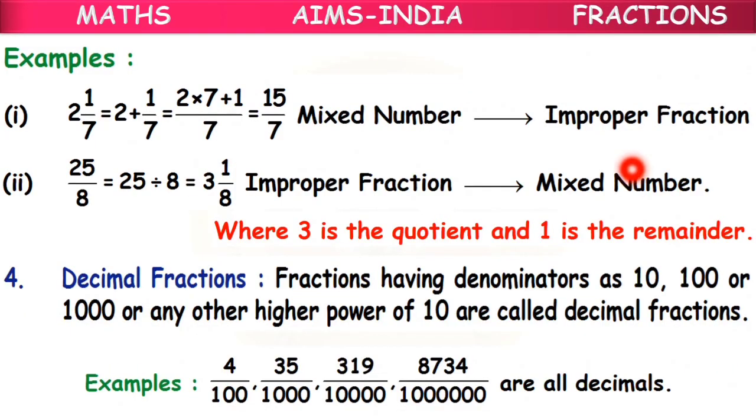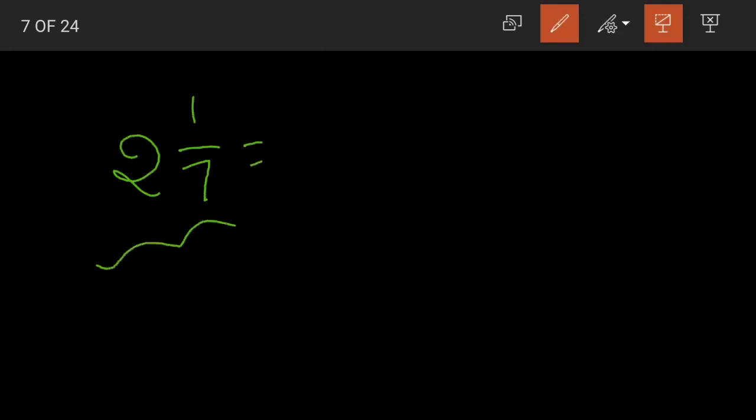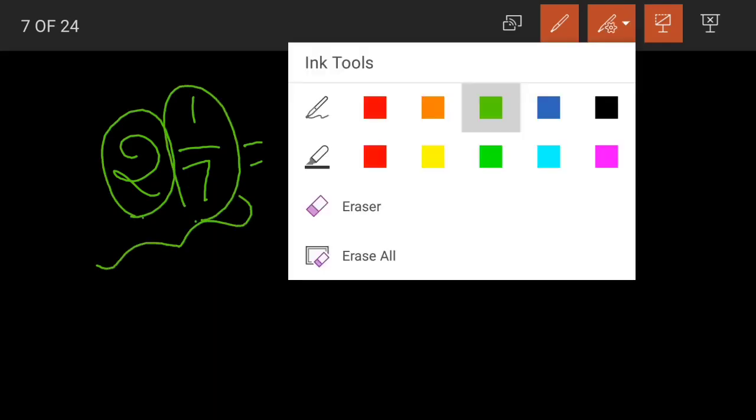Now moving on, let us solve some examples. The first example here is 2 1 by 7. What is it? It is a mixed fraction. 2 here is the whole number part and 1 by 7 is the fractional part. Now how do we convert this mixed fraction into an improper fraction?